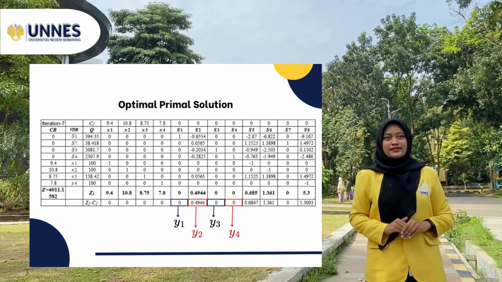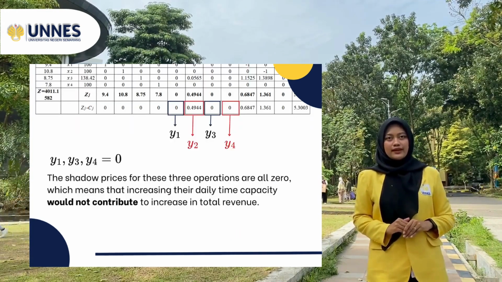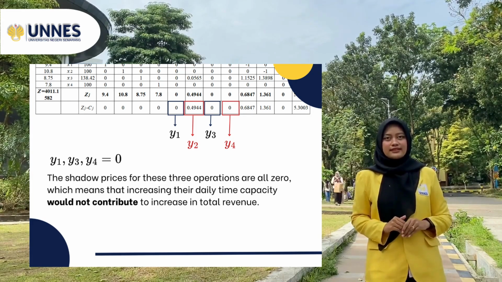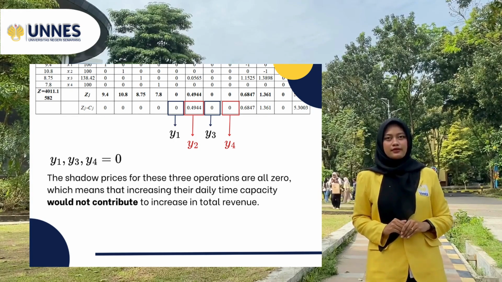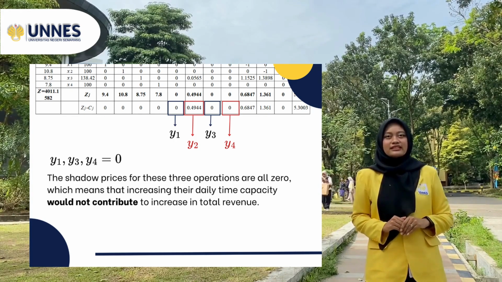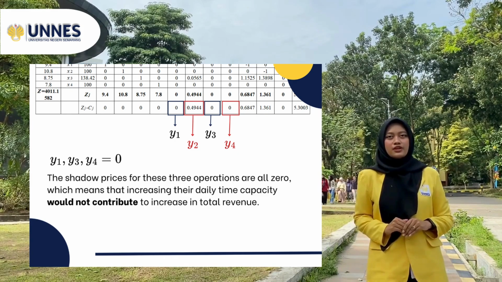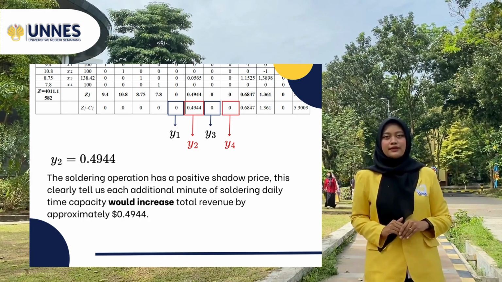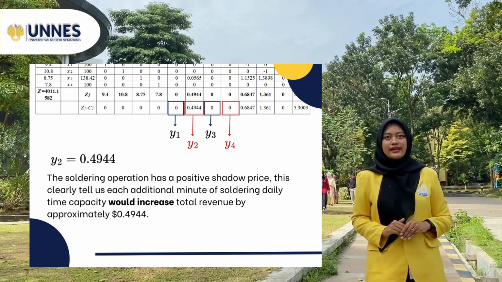And as a result, we know that Y1, Y3, and Y4 are equal to 0. The shadow prices for these three operations are all 0, which means that increasing their daily time capacity will not contribute to an increase in total revenue. And Y2 is equal to 0.4944.